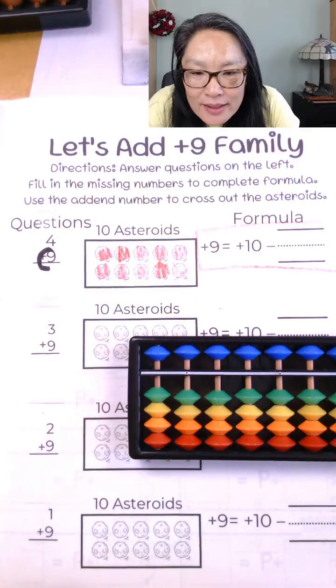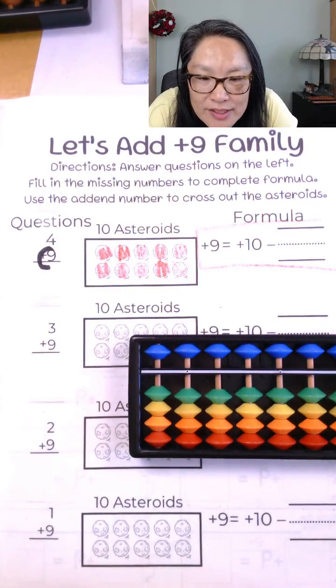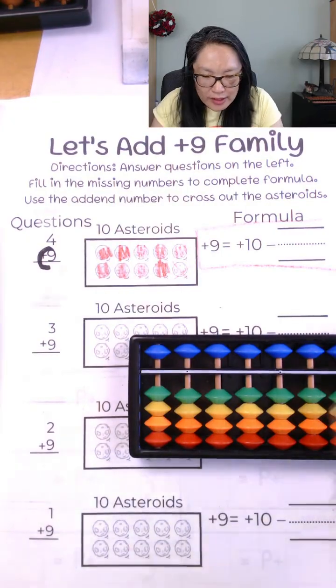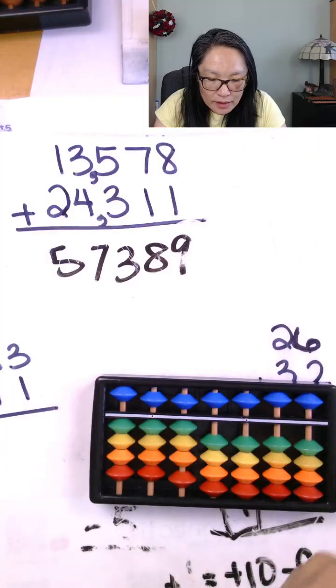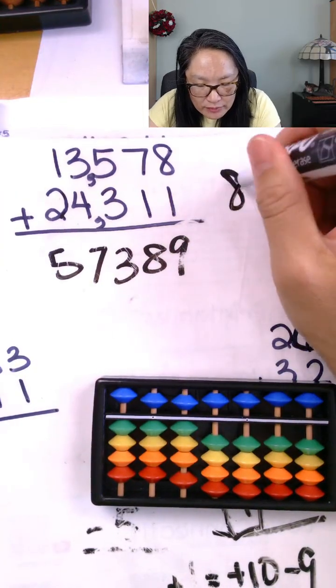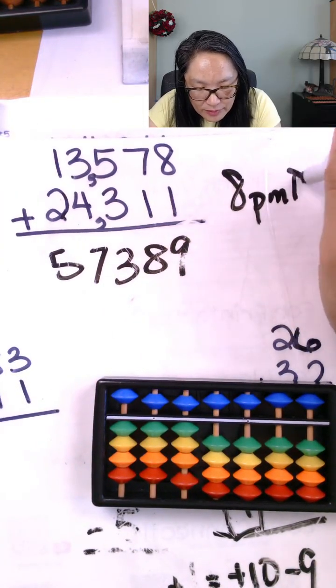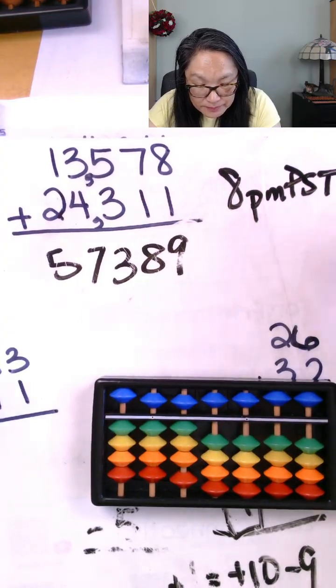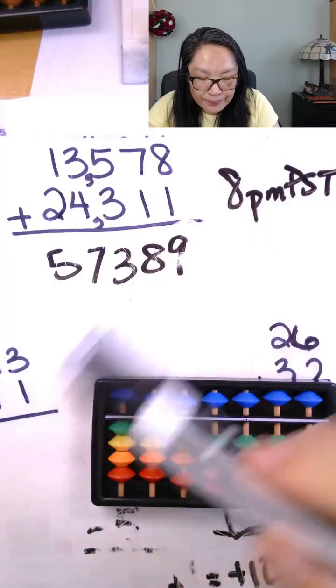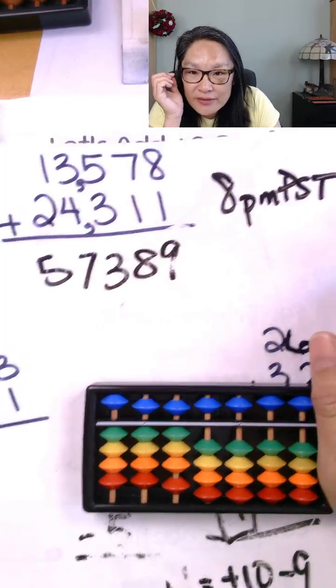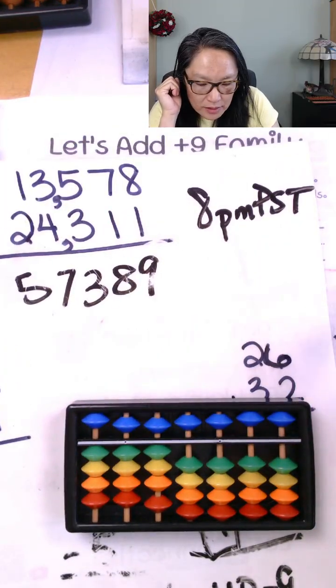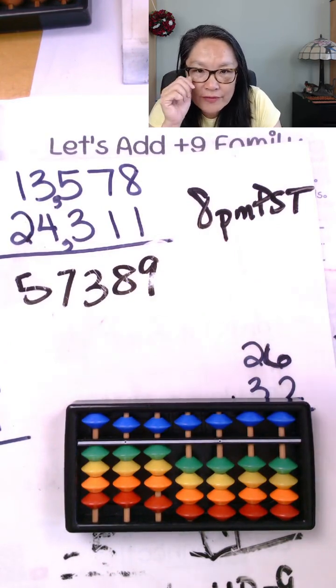I'm trying to be consistent. I'm trying to do 8 in the morning and 8 Pacific Standard Time. Tonight I'll try to go on Pacific Standard Time, but it all depends on family obligations.